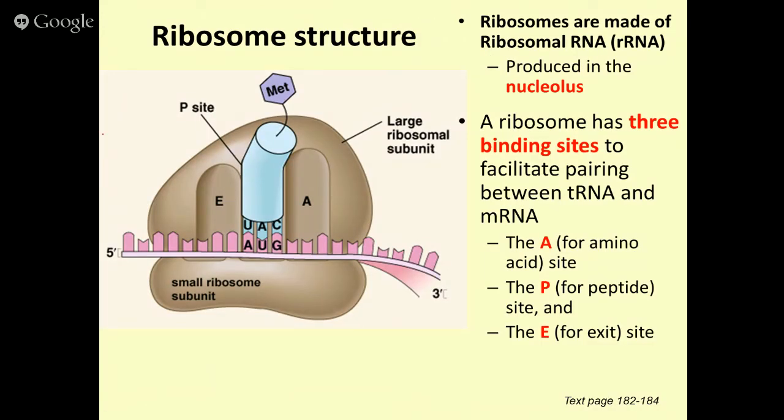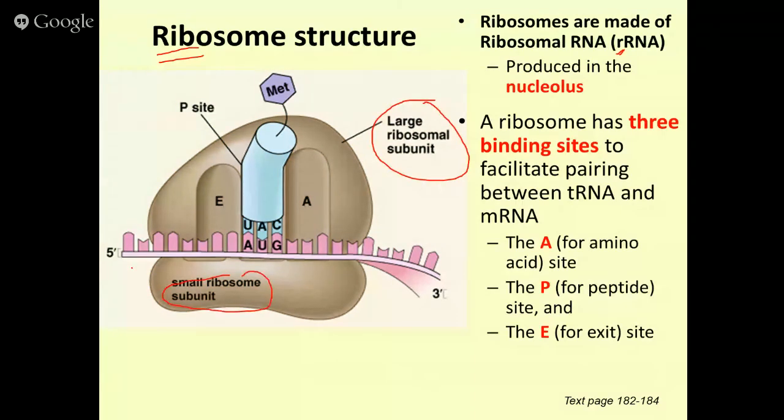Now, this shows you what a ribosome looks like. And remember, ribosomes are made of ribosomal RNA and protein. Remember, ribosomal RNA is made in your nucleolus. So our ribosome is made of two parts, the large subunit and the small subunit, right?